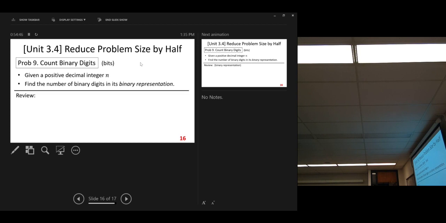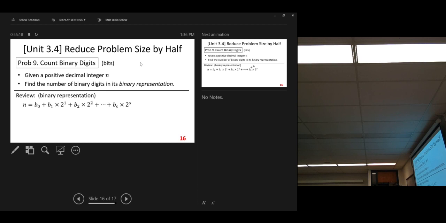That's a simple problem, but we need to review what the binary representation is. You learn this in discrete math, Chapter 2. I remember, because I was a substitute teacher for that part, once in summer. In the binary representation, you write n in this way.